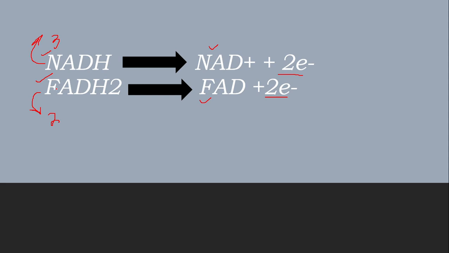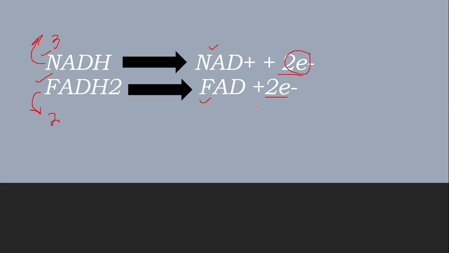The reason behind this is that the electrons of NADH are high energy electrons, while the electrons produced by FADH2 are low energy electrons. So there will be the production of 3 ATP from one NADH molecule, and 2 ATP from one FADH2 molecule.